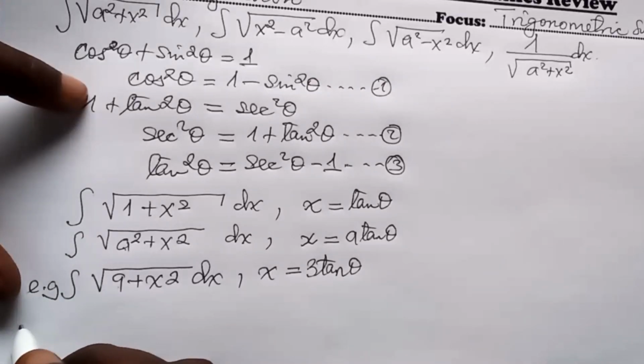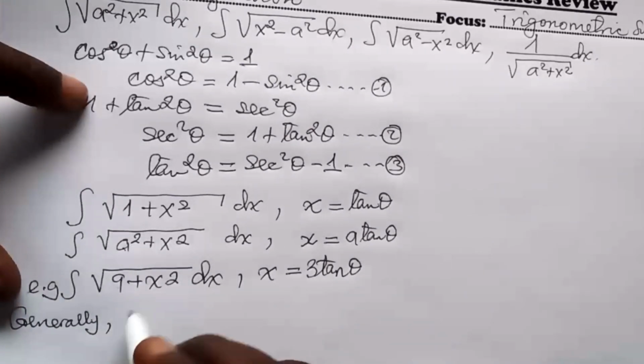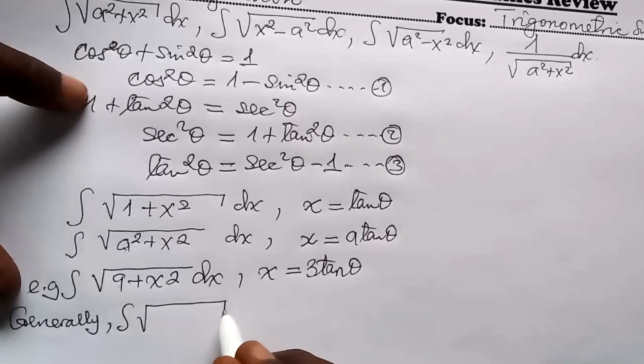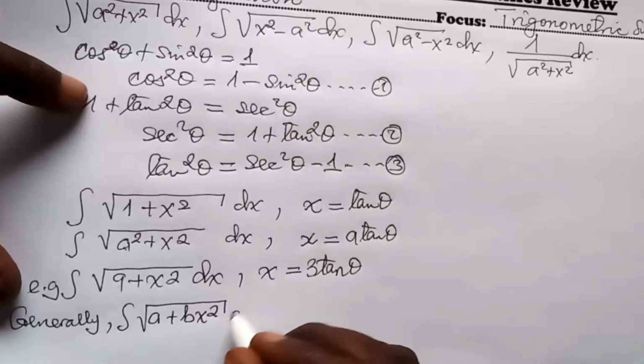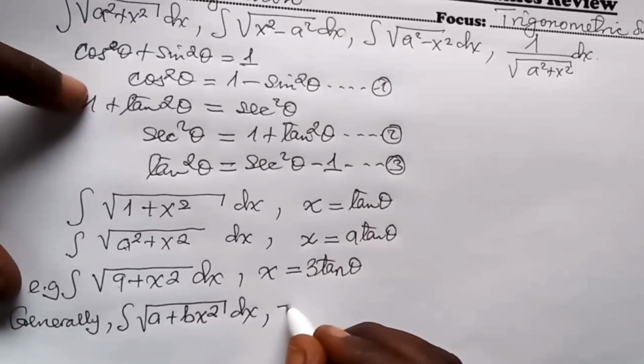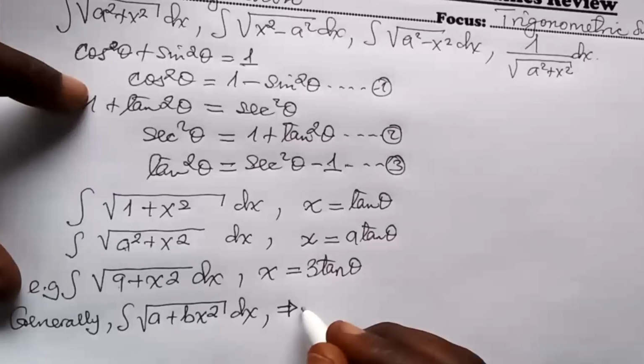In particular, generally, if I have the integral of the square root of a plus bx squared, let us put it generally, the substitution would be that the square root of the variable term, the term that has the variable x squared, I find the square root of all that term to have what I have on the left hand side for my substitution.